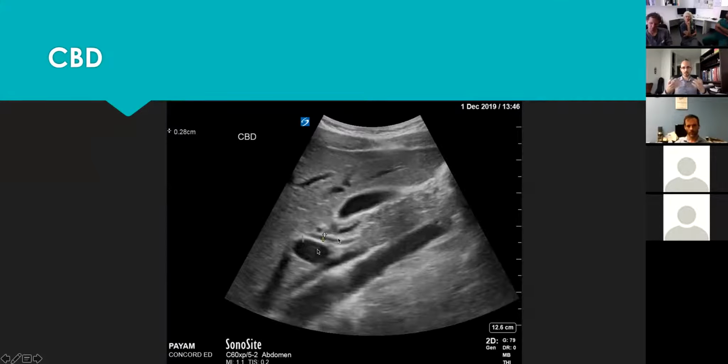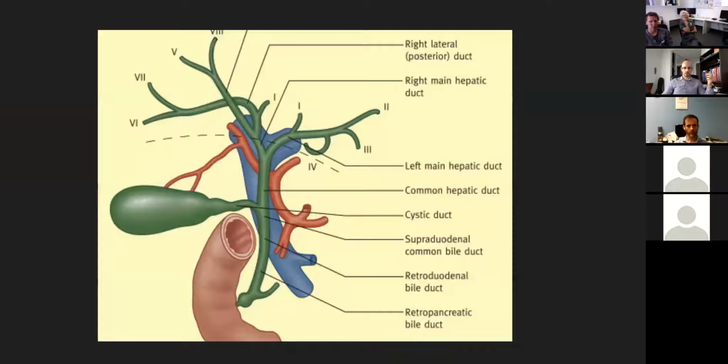So when you look at it, it looks like an artery, but it's a CBD. And that's actually the pitfall in finding the CBD, because looking at the anatomy of the area again, when we are aligning the portal vein with another tube on top of it, it can easily be the artery instead of the CBD.